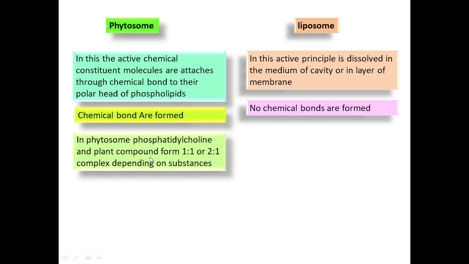In phytosome, phosphatidylcholine and plant compound form a 1:1 or 2:1 complex depending upon the substance. So in some substances it will form a 1:1 complex or in some it will form a 2:1 complex.